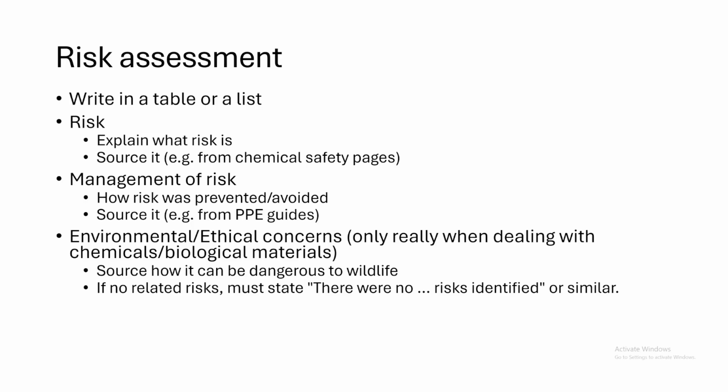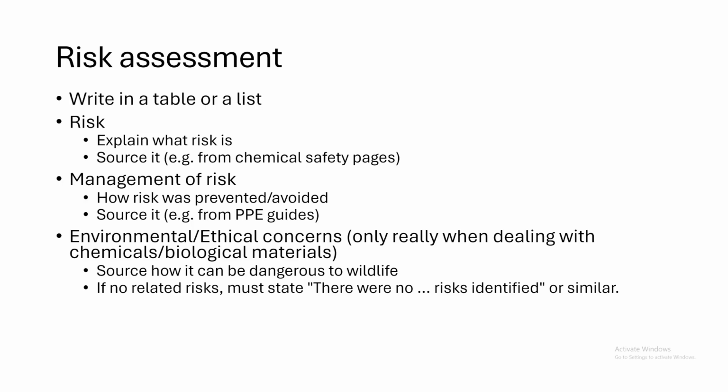So you can just Google any PPE guide and, don't copy paste, but paraphrase it from that PPE guide. Just Google some chemical data sheet online and you can easily get your source from there.